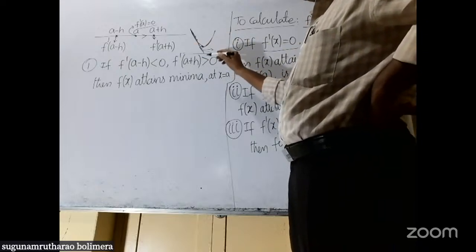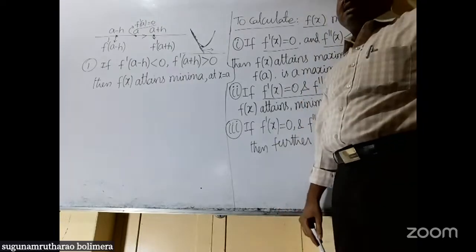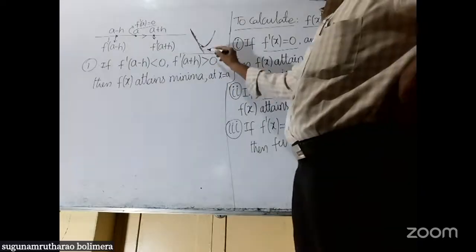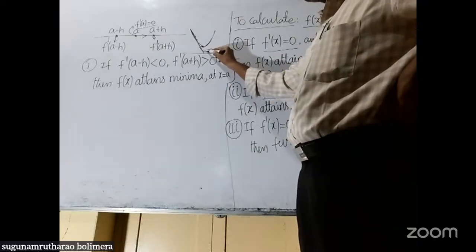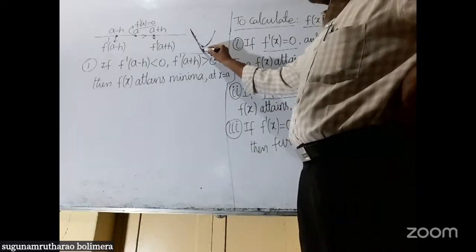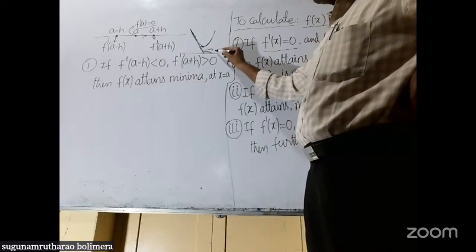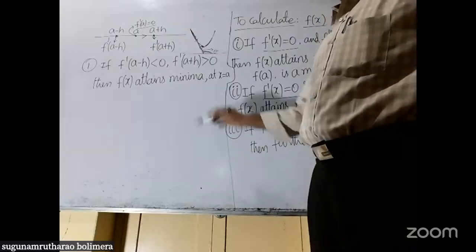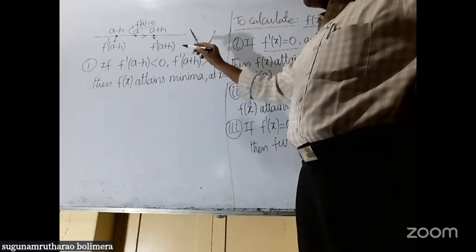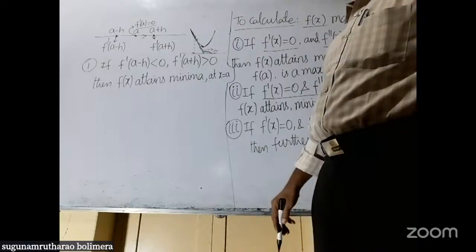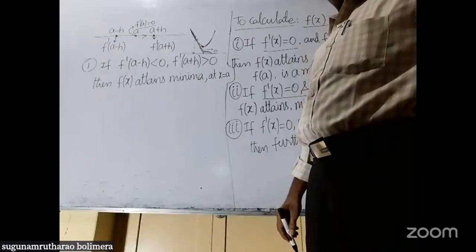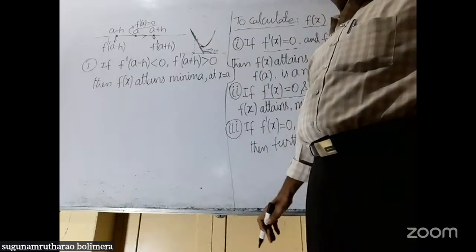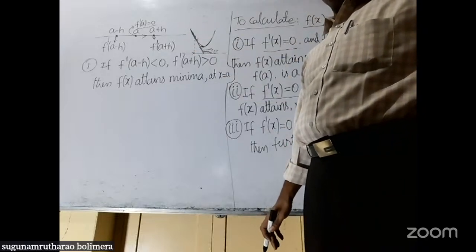And the angle is obtuse. So tan is negative. If this is theta, tan theta is f dash of a minus h. Now this is an obtuse angle.